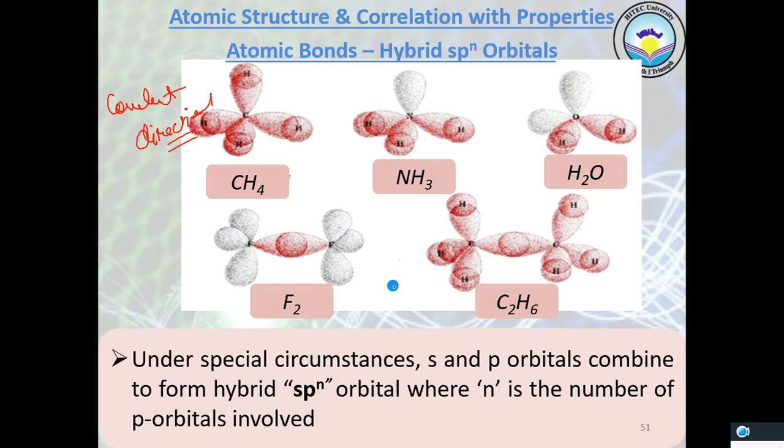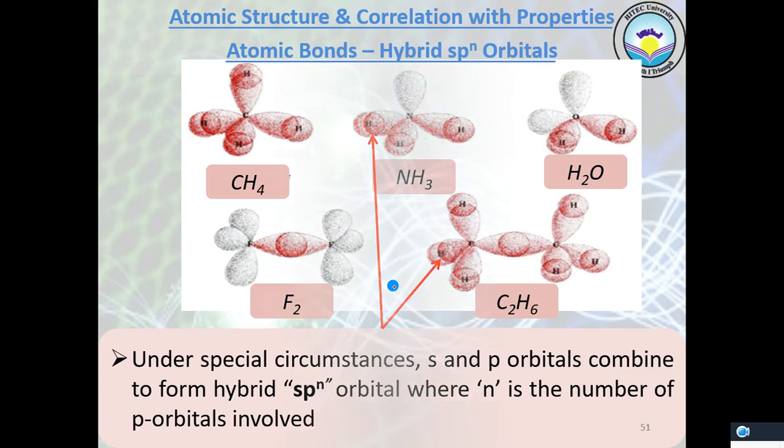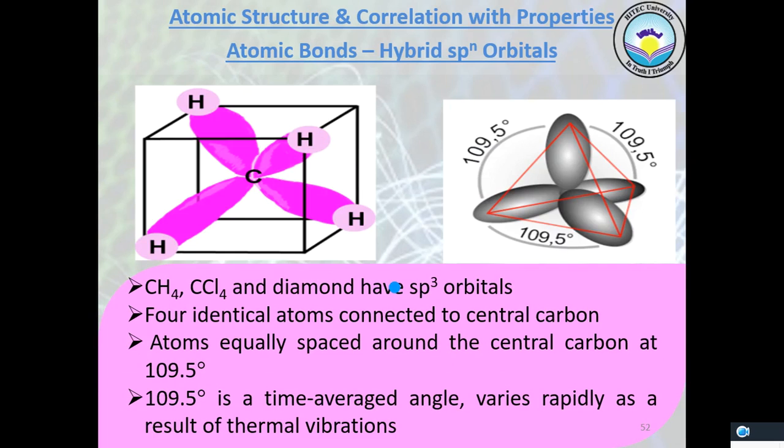Under these special circumstances, s and p orbitals combine to form hybrid sp-n orbitals, where n is the number of p orbitals involved. For example, here you can see CH4, CCl4 and diamond have sp3 orbitals.